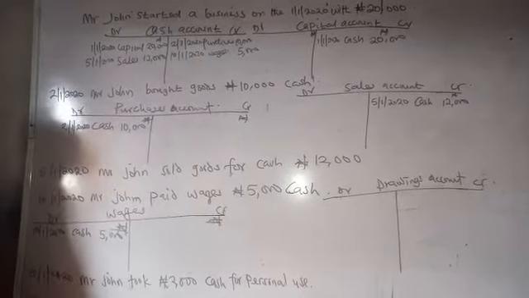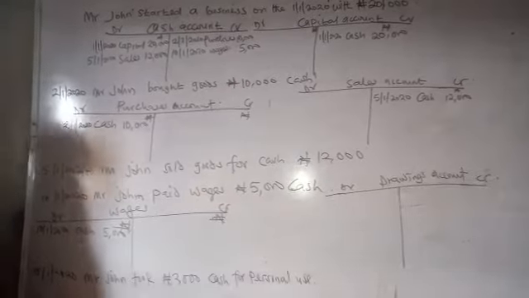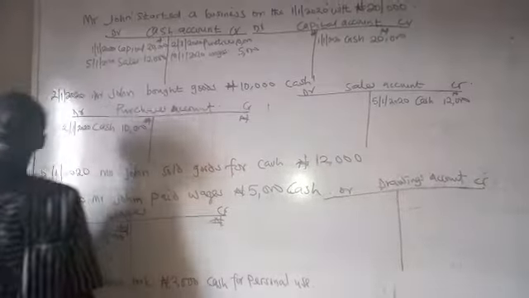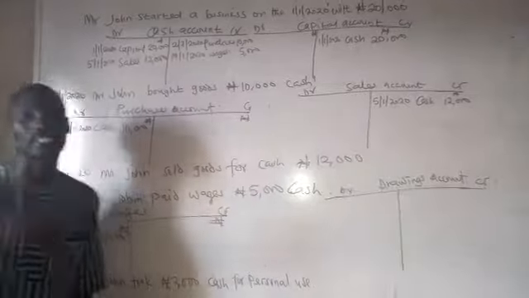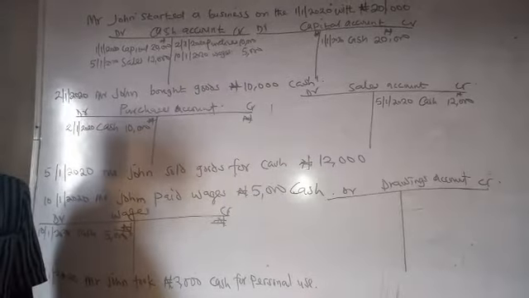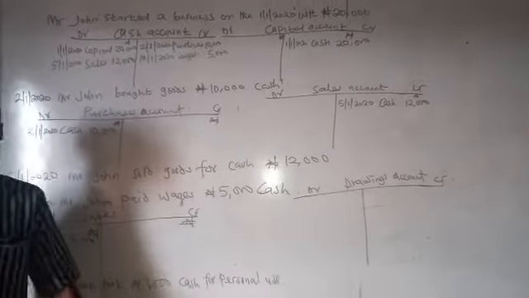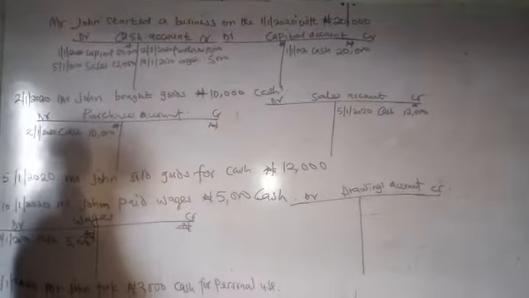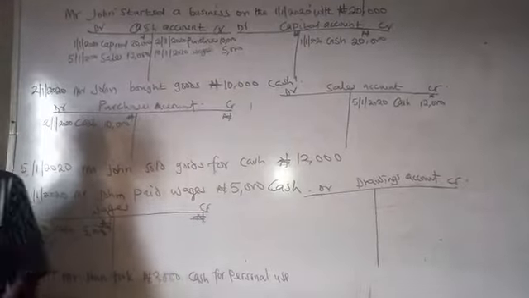What that means is that Mr. John has taken part of the money that he used to start that business, and that money will be treated as drawings. In as much as that money is not used for the business, it will be considered as expenses on his own side. It means he is taking part of his capital.